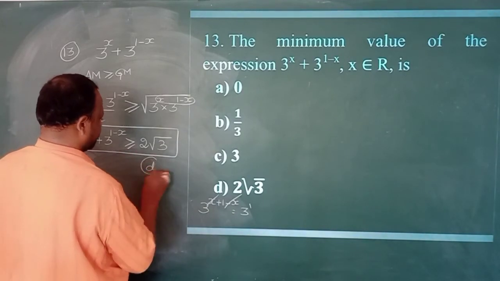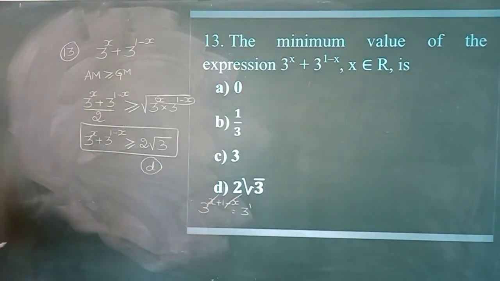Option D is the answer. Observe, 3 power x plus 3 power 1 minus x: arithmetic mean greater than or equal to geometric mean. Cross multiply, you will get 2 root 3.